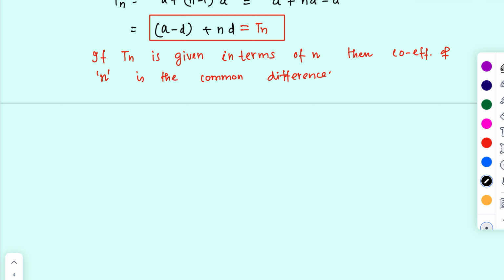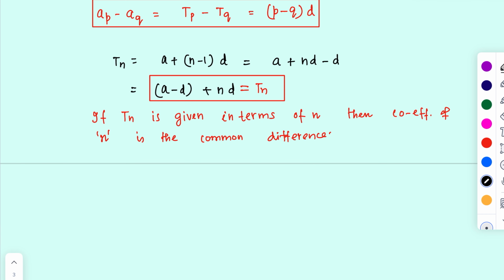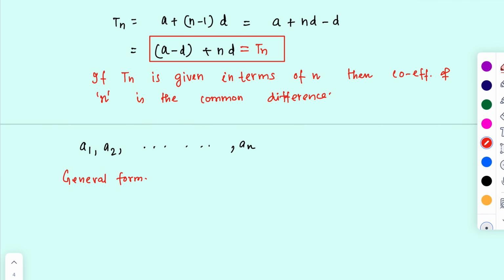And the arithmetic series, if you will see here, the series is written like this: a1, a2 up to an. Or in general form, we write it as: first one a1 is a, we have already taken it.